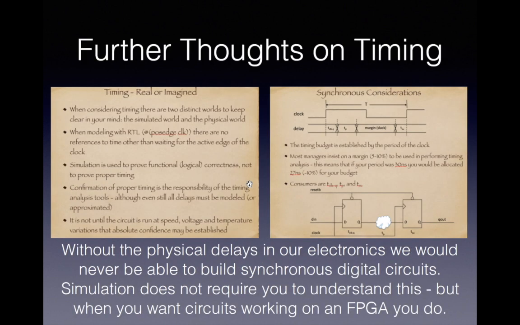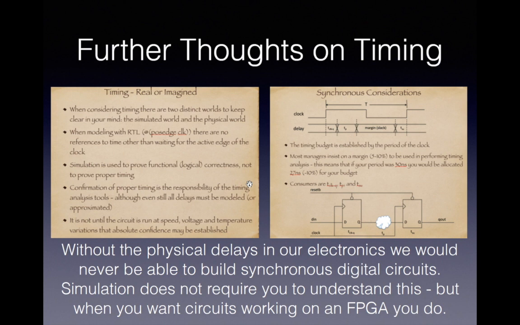And lastly, I just want to chat a little bit here. Considering timing, there's two worlds to keep in mind: the simulated world and the physical world. When we model with an RTL, there's no references to clock other than the positive edge of clock.